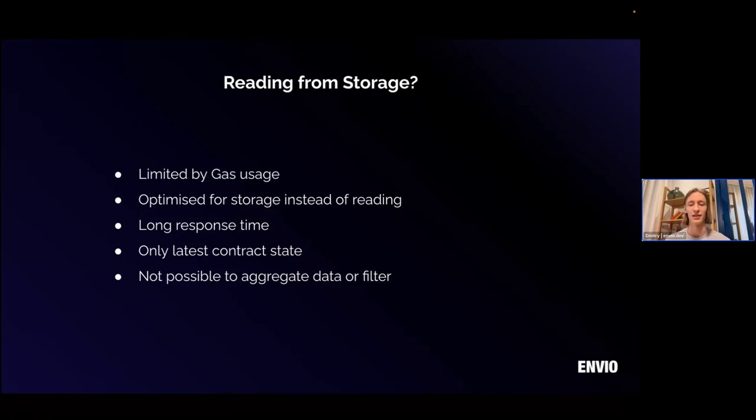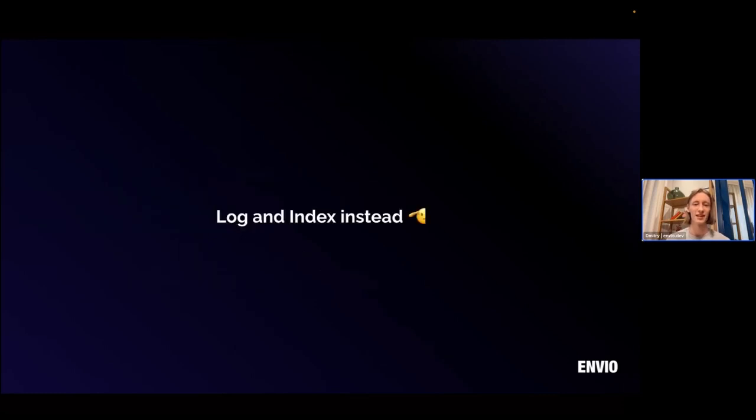And then aggregation and filtering: quite often if you have complex UIs or want analytics, it requires multiple calls to the contract. And also it's impossible to get this historical progress, for example how the contract state changed with time, which is really useful for analytics cases.